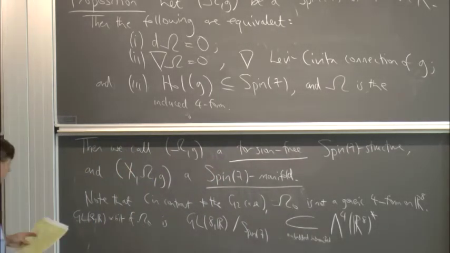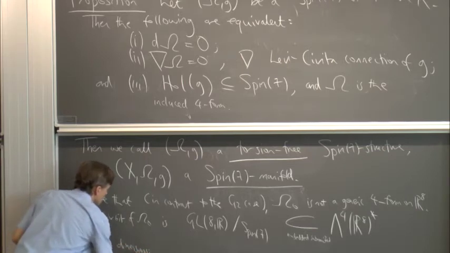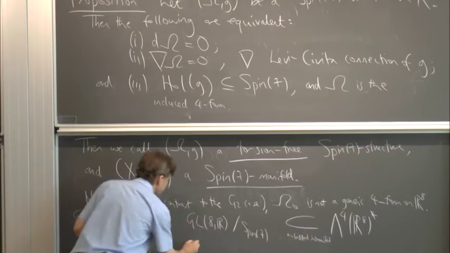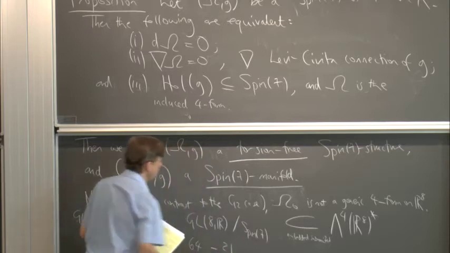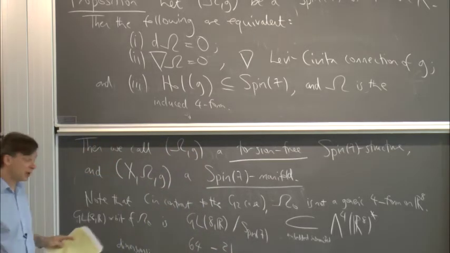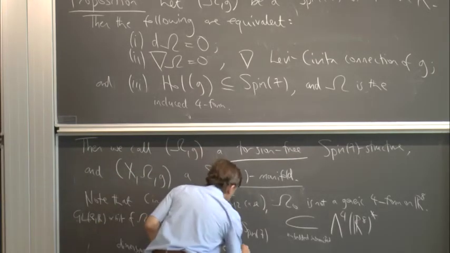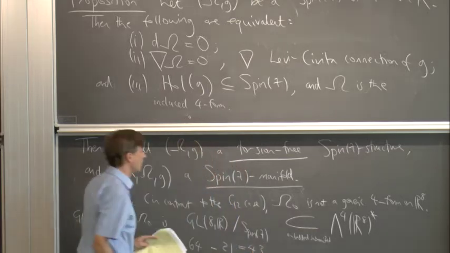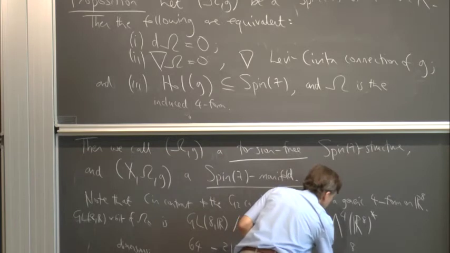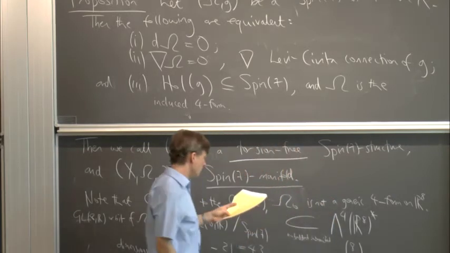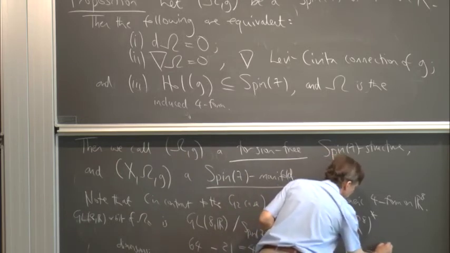So let's look at what the dimensions are. Well, GL(8,R) has dimension 64. Spin(7) has dimension 21. So the quotient GL(8,R) divided by Spin(7) has dimension 64 minus 21, which is 43. And the dimension of the 4-forms on R^8 is the binomial coefficient 8 choose 4, which is (8·7·6·5)/(4·3·2·1), which is 70.